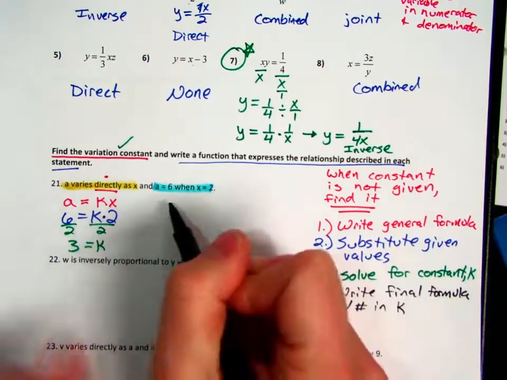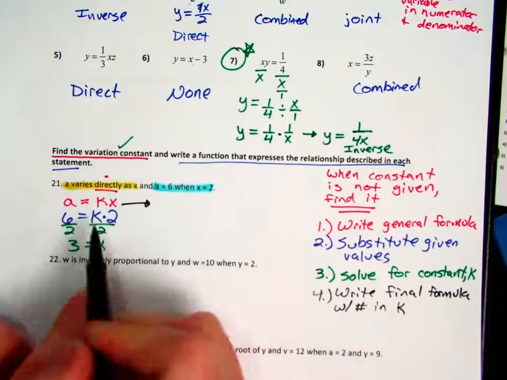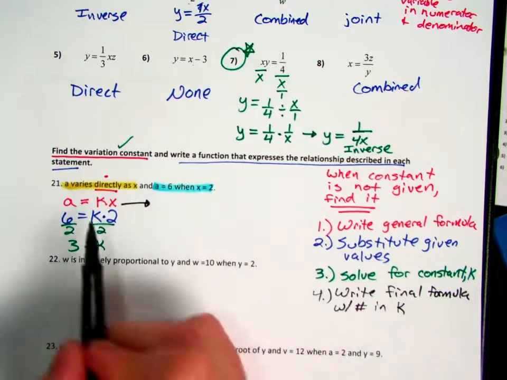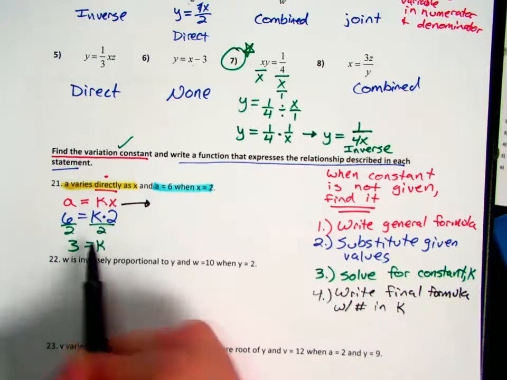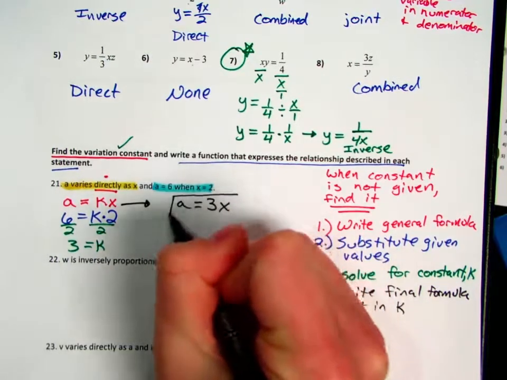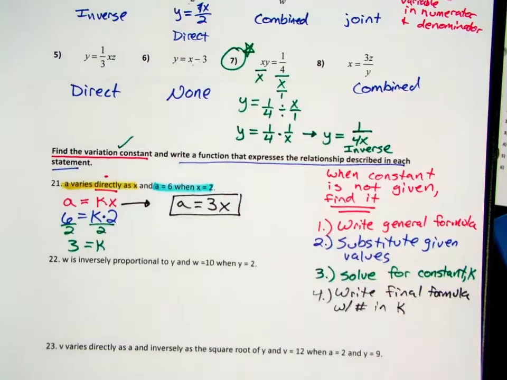So in this case, our original formula was a equals kx, but now I know my k is 3, so I can say a equals 3x, and this is my function that represents the relationship between a and x.